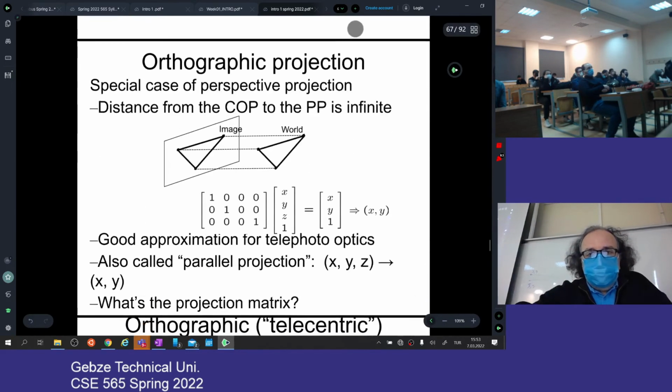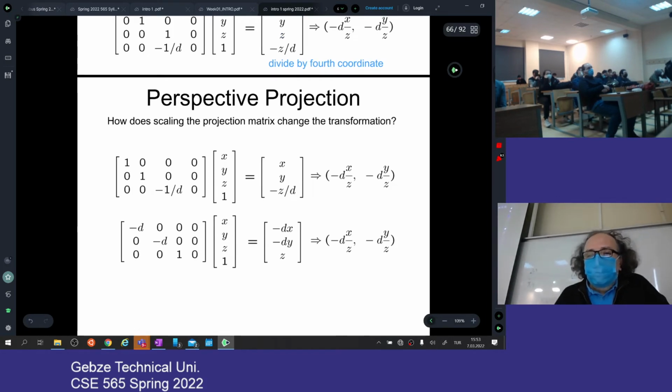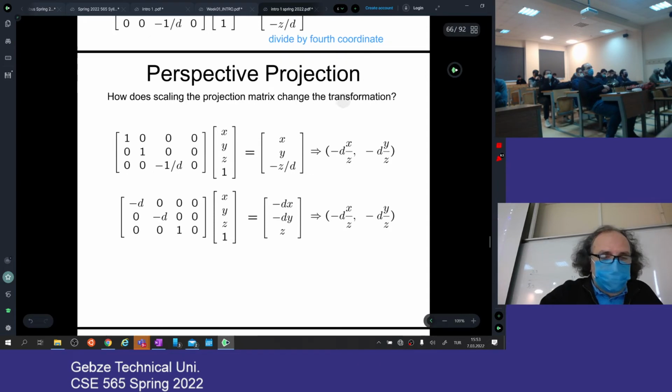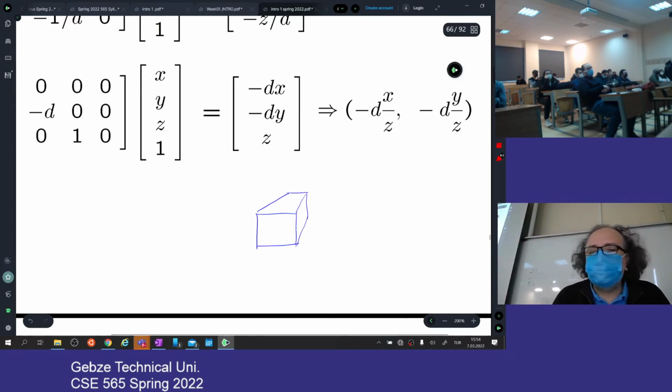This is our perspective projection. In perspective projection, let's say I have a cube. The front of the cube is like that, but usually we draw the back side of the cube getting smaller like that, right?